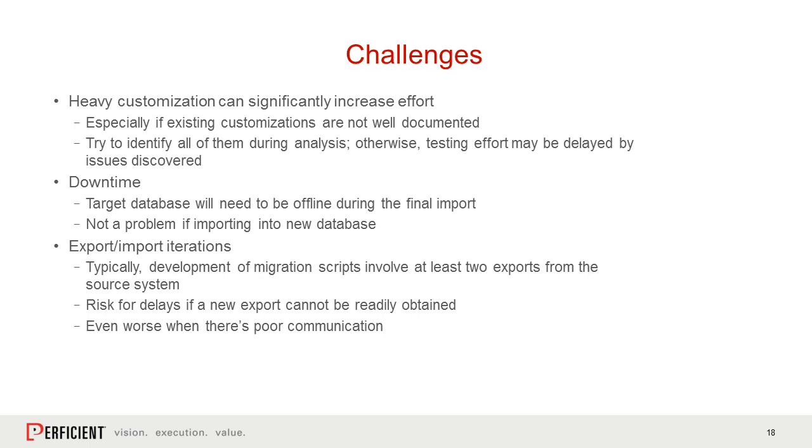All right, and iterations. As I've been saying, during the development of the migration process, you're going to need one export to do it at all, right? But usually that first export doesn't have everything you need.